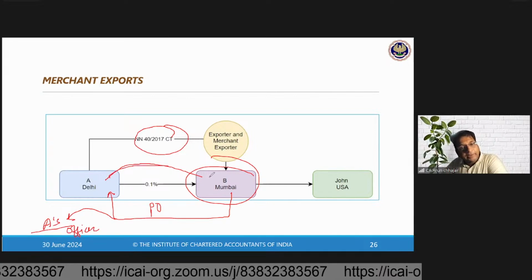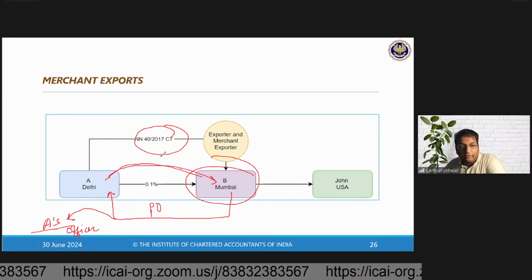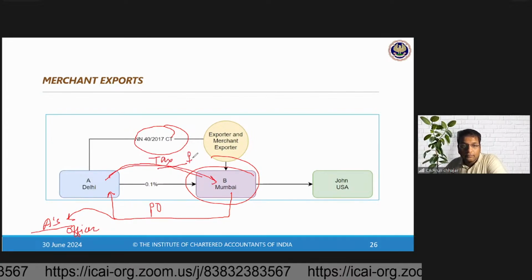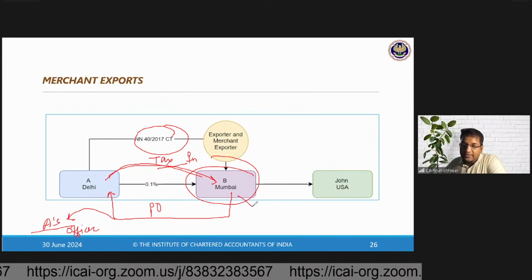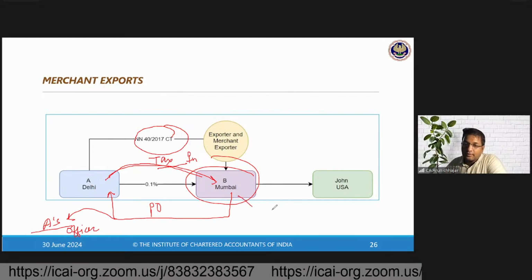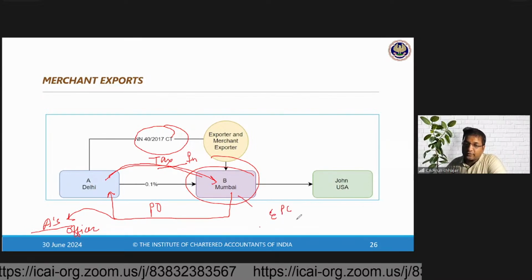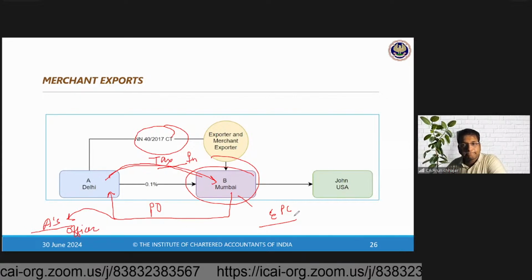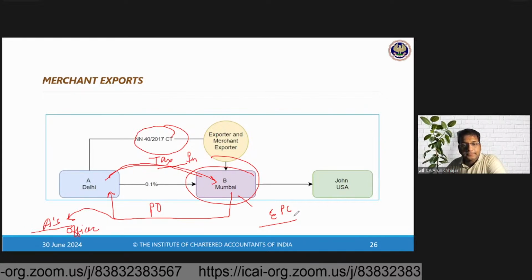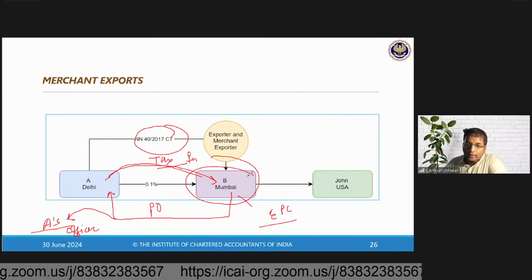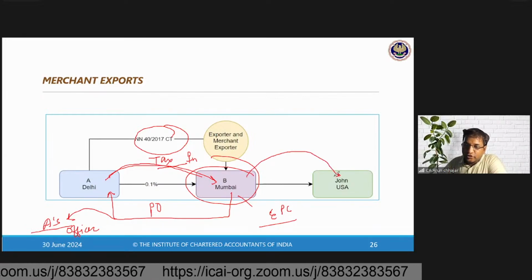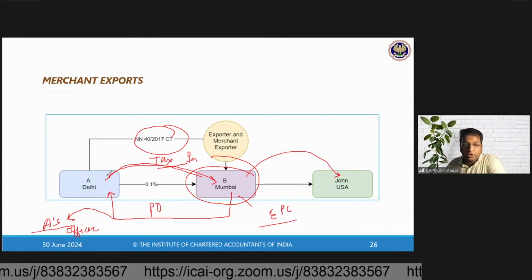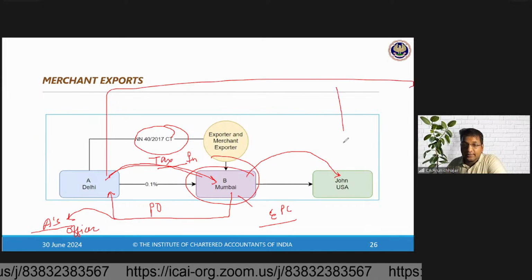A will make the supply to B against tax invoice. B should be registered with the Export Promotion Council or Commodity Board. B will supply the goods as it is out of India. These goods should be directly moved to the customs port.